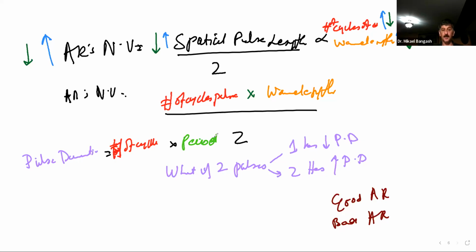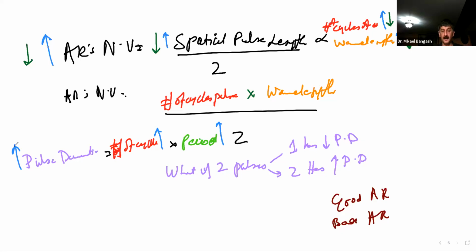So if we had a pulse with either a great number of cycles, or the cycles had a great period, that will lead to a great pulse duration, right?